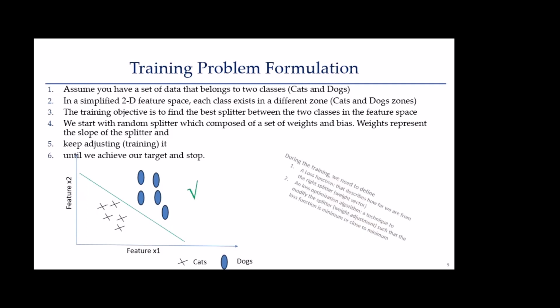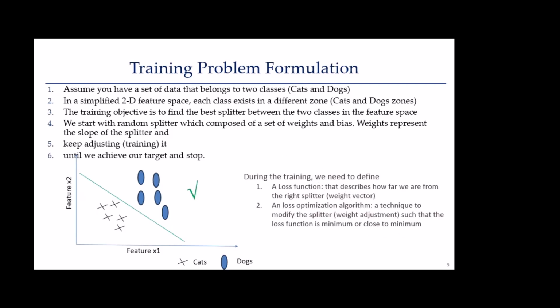It's very important to remember that in order to reach this point, we have to have two elements. First, a loss function. This loss function describes how far we are from our target, which is the right splitter. We also need an optimization algorithm, or loss optimization algorithm, that helps us move from one possibility of the splitter to another. This technique is very important.